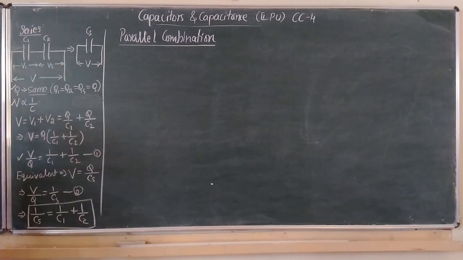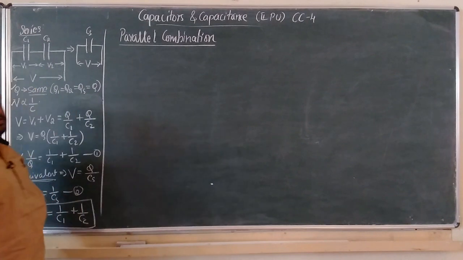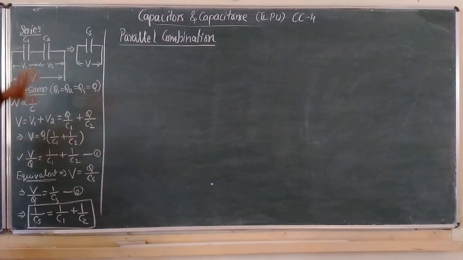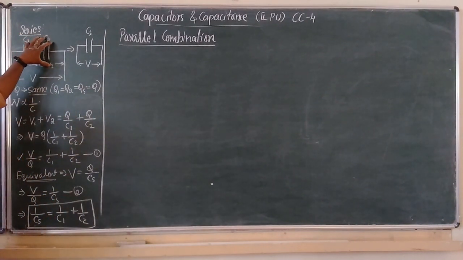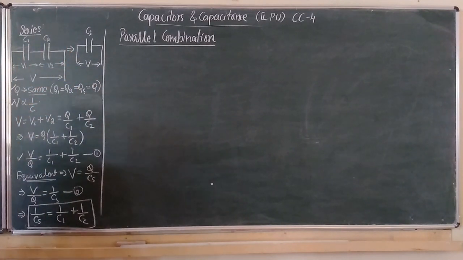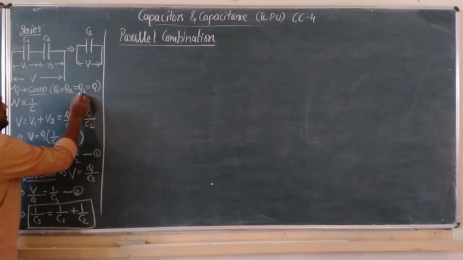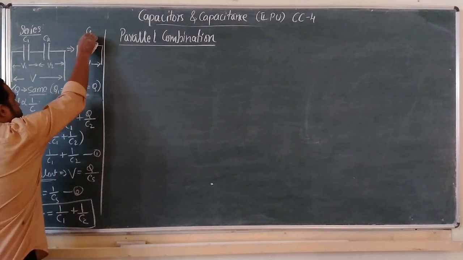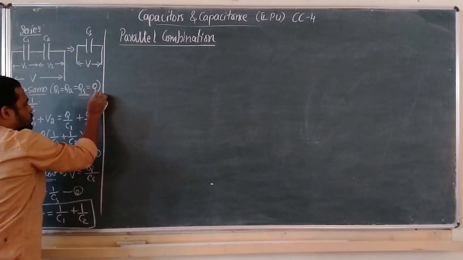In the next step, we replaced the series combination by a single capacitor, that is called the equivalent capacitor. That means a single capacitor which produces the same effect as that produced by the series combination. If that is the case, then the amount of charge stored in this capacitor is also equal to Q only.